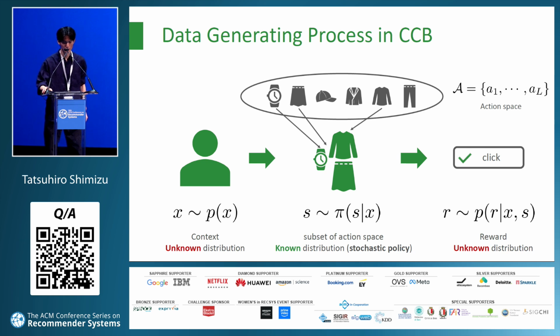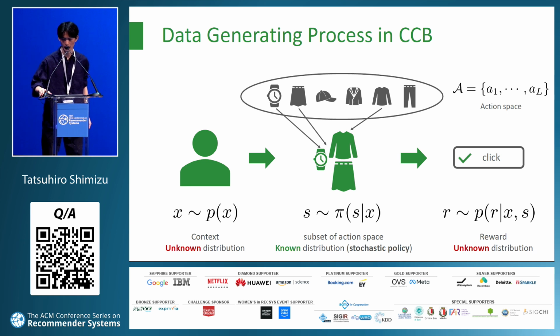Then in terms of the data generating process, we first observe context from an unknown distribution. Then given context, we observe subset action from a stochastic policy, which is a known distribution because we can implement a stochastic policy. Then given context and subset action, we can observe reward from an unknown conditional distribution.